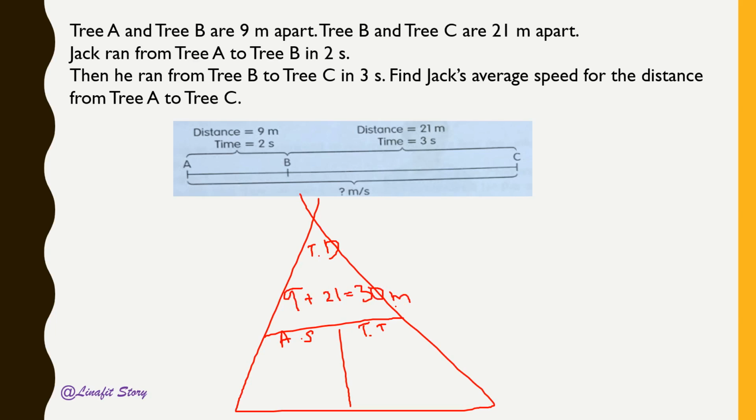Then to get the total time taken to run from 3A to 3C, 2 plus 3 equals to 5 seconds. Then to get the average speed, 30 meters divided by 5 seconds equals to 6 meters per second.